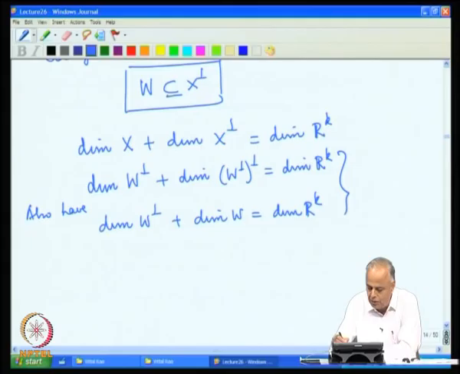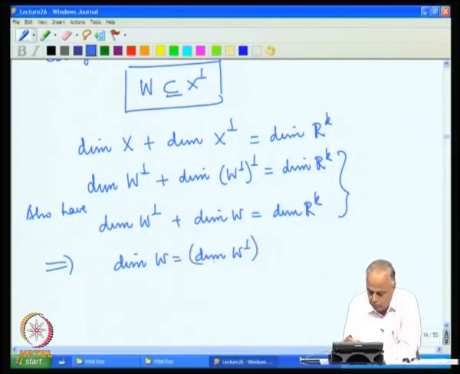Now, compare these two, we find that the dimension of W is equal to the dimension of W perp perp.